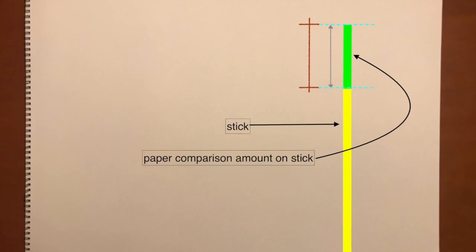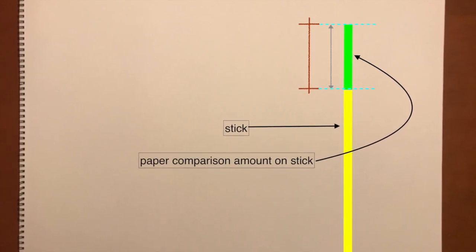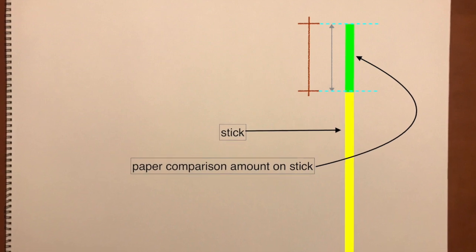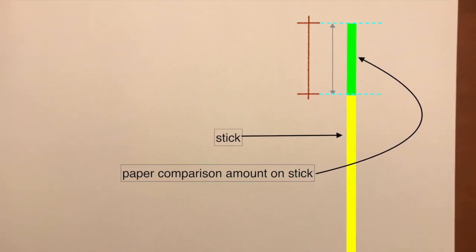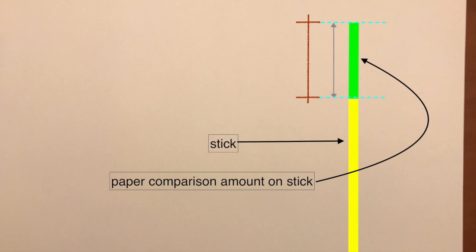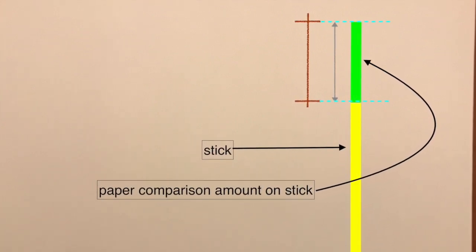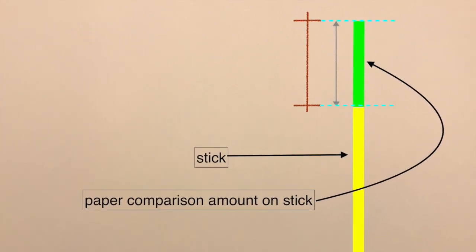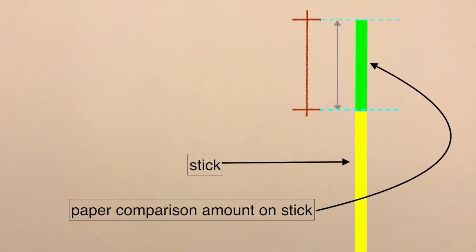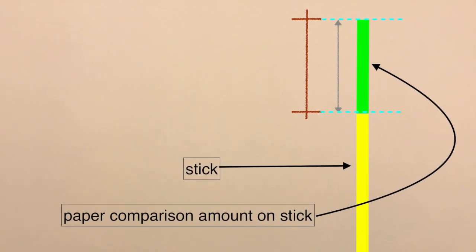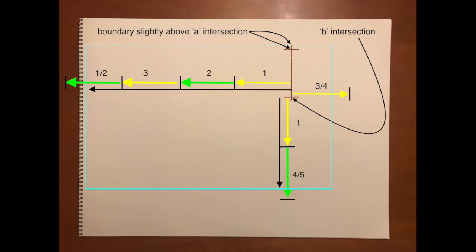We're going to begin the translation to paper by taking our stick and laying it on our paper. And we're going to put the top of our stick even with the A of our paper schmedium, and we will use our thumbnail to designate the bottom of the B intersection. We'll begin by finding the bottom boundary. We'll take the paper schmedium amount and count down from the B intersection 1 4/5 to find that bottom barrier.